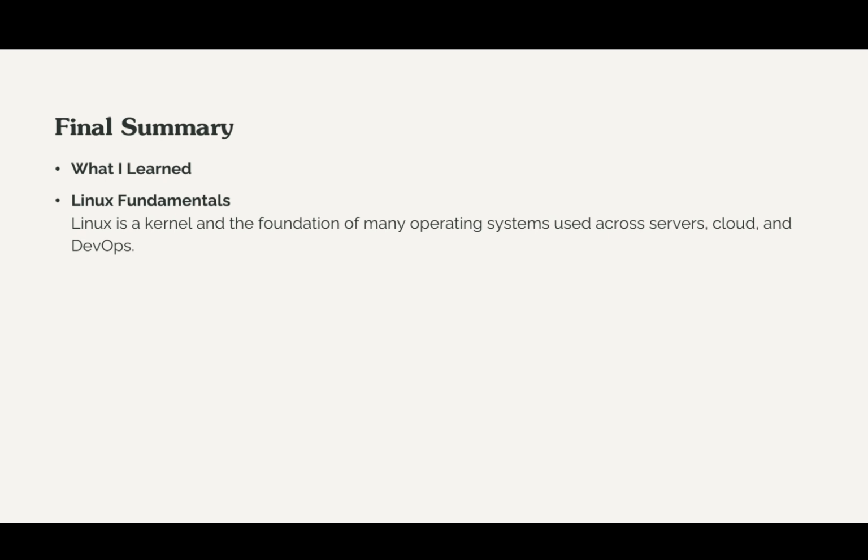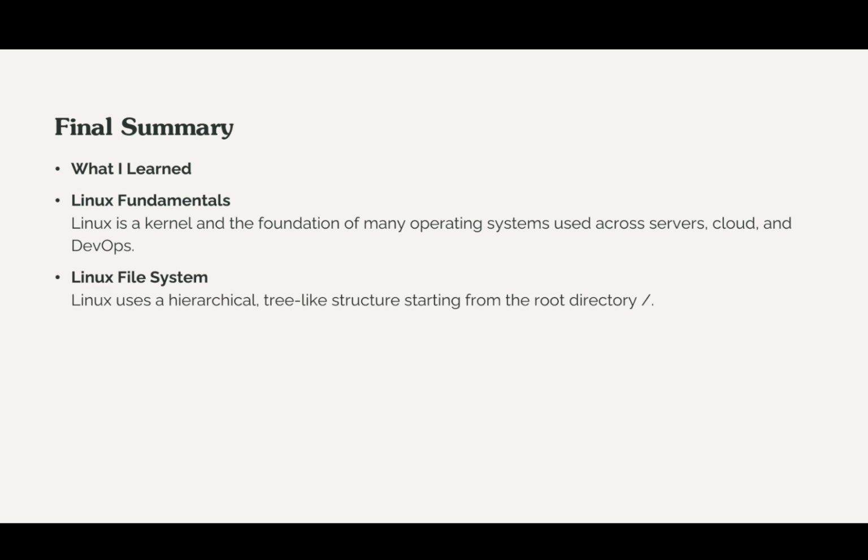Like in the current technology. Linux file systems: Linux uses a hierarchical tree-like structure starting from the root directory. We already saw that home, etc, and other directories are contained in the root directory.